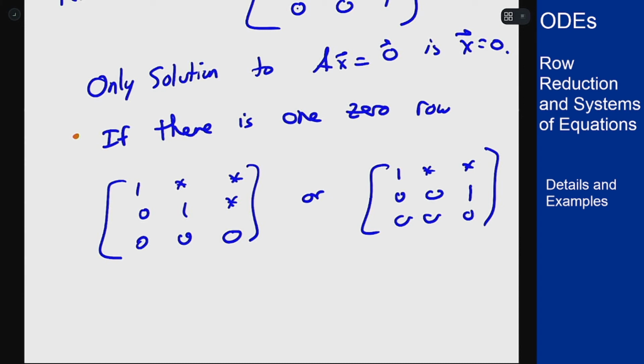Now remember, we're setting this equal to all zeros at the end, which means there's never going to be the chance for this to be inconsistent, because you get inconsistent when you have a row of zeros on the left equaling a non-zero number on the right. If that number is always going to be zero no matter what you do, you can't have inconsistency here.